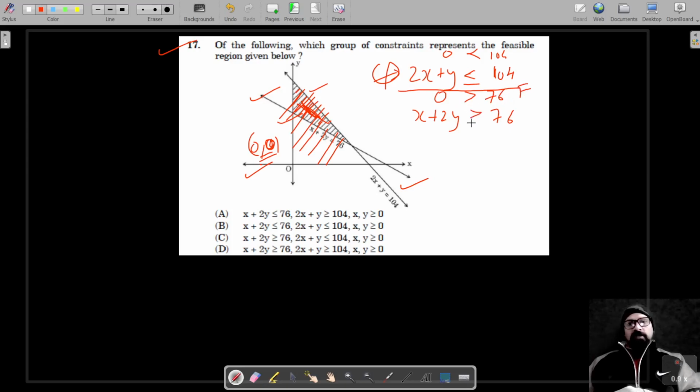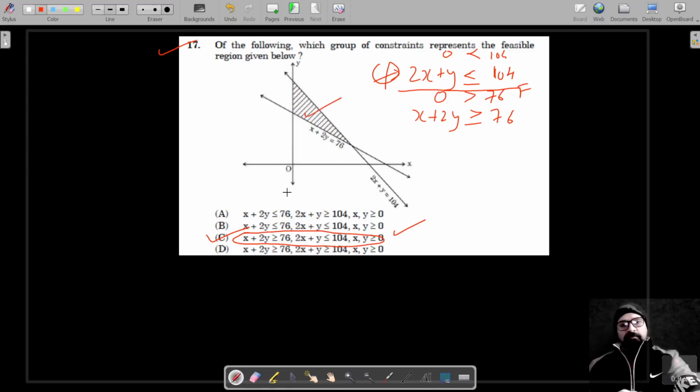So it should be greater than or equal to 76, so that we get its feasible region away from the origin, and this is our common region. This matches 2x plus y less than or equal to 104, and x plus 2y greater than or equal to 76. So C is the correct option, and if we take these constraints, our feasible region will be this one.